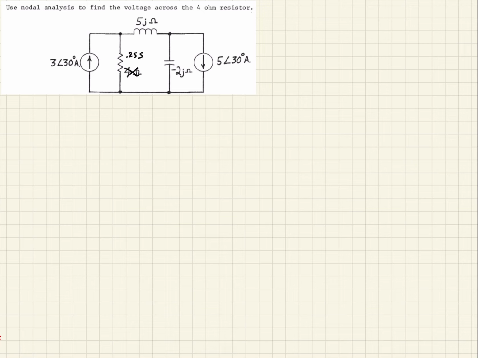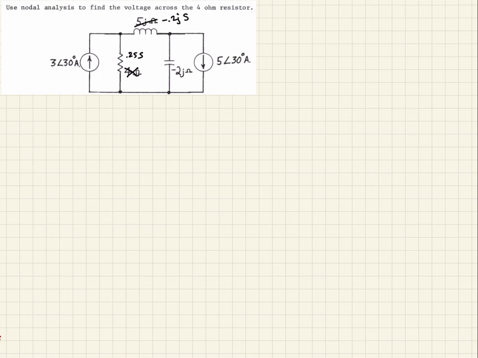And for reactive components, it's the negative reciprocal. So the negative reciprocal of 5 is going to be negative 0.2 j Siemens.